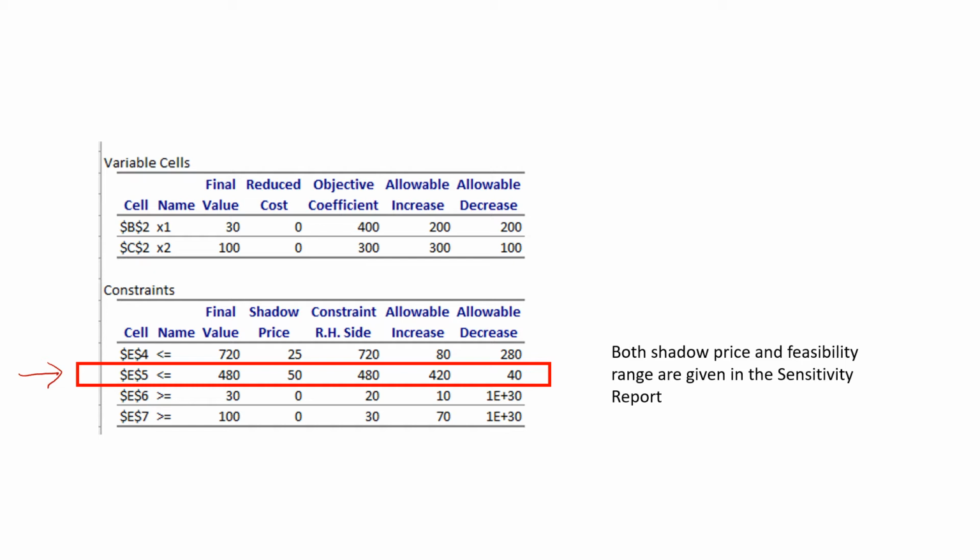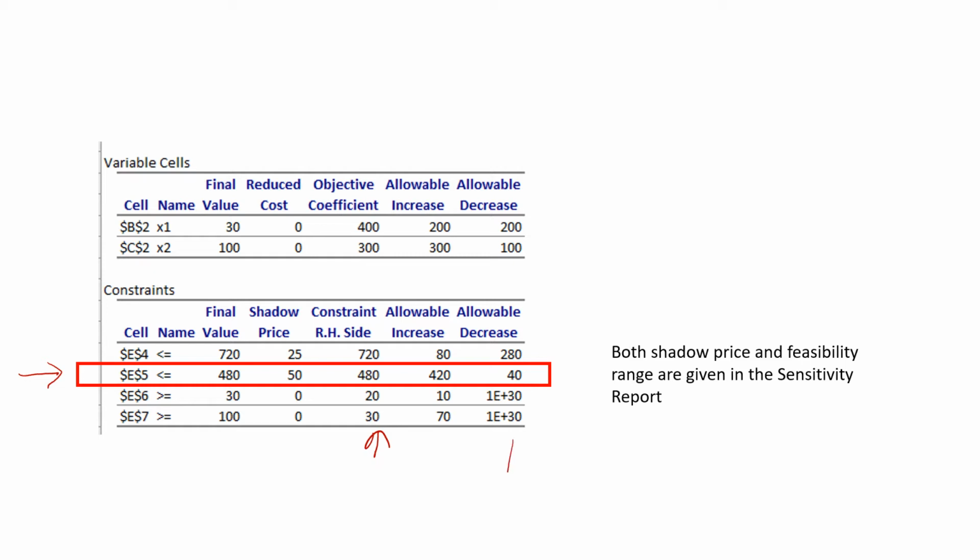We figured out, just by working it out by hand, that every hour is worth $50 an hour. There is my 50. $50 an hour is what it's worth. What was it allowable to? Well, I had 480 hours to start with. That's my constraint. I said I could go down as far as 440 with things staying the same.